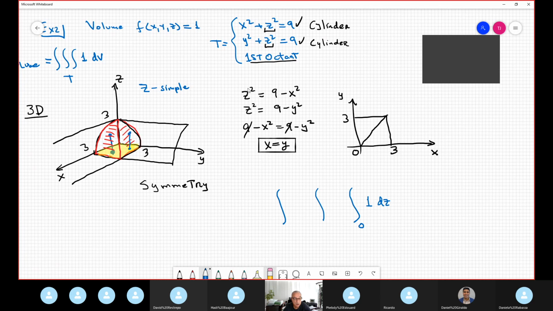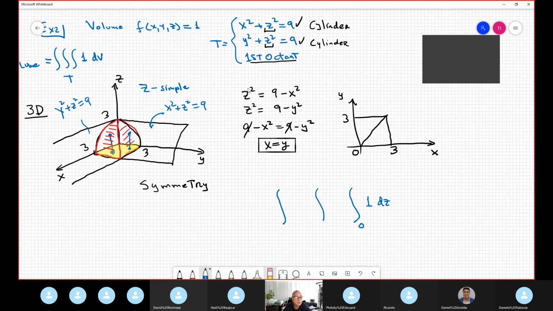By the way, let me see. This plane was x squared plus z squared equal 9, no? Because remember this cylinder is along the z. The z is the missing variable. And this cylinder is y squared plus z squared equal 9.